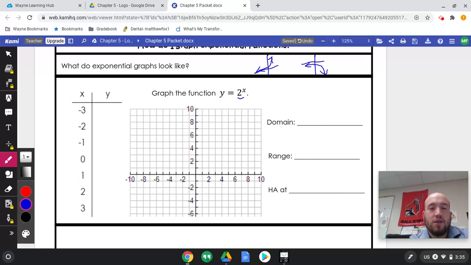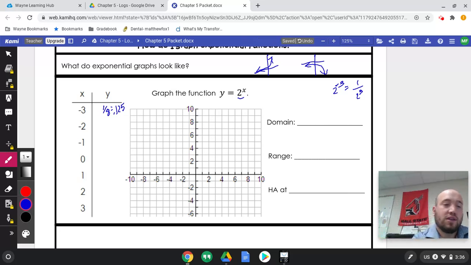If we look at this first problem, if we're trying to plot it, notice I have the t-table over on the left, a couple of different things I'm going to plug in. If I put in a -3, 2 to the -3, anytime we have a negative, 2 to the -3 is the same as 1 over 2 to the third. 2 to the third is 8, so that's 1 over 8, which is 0.125.